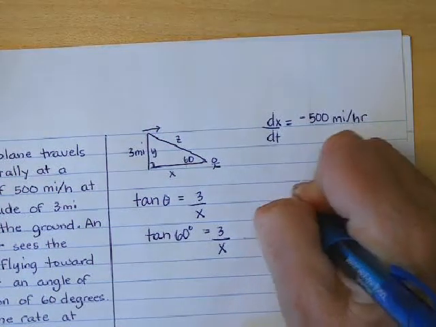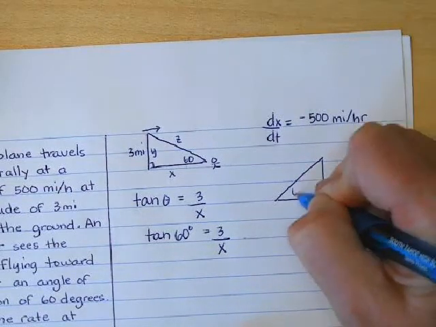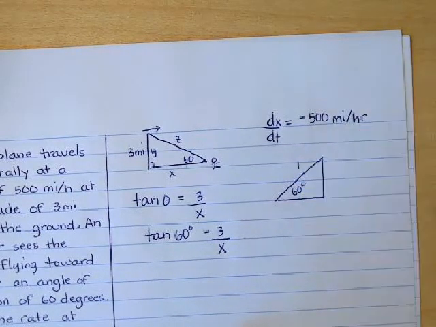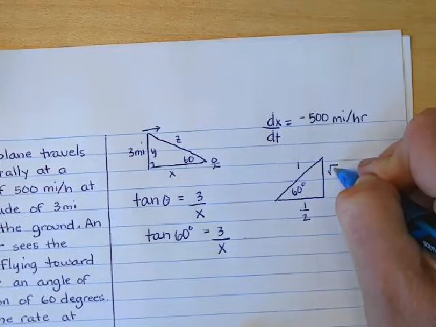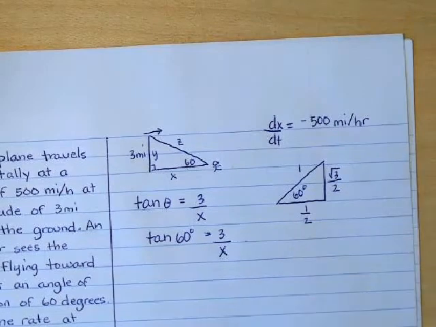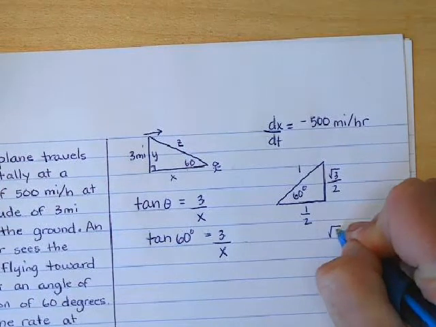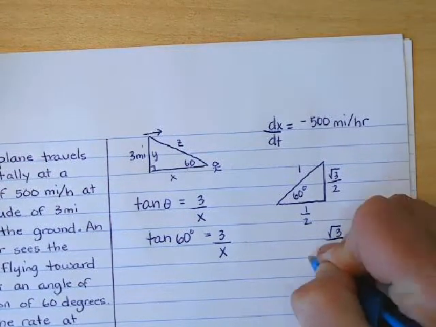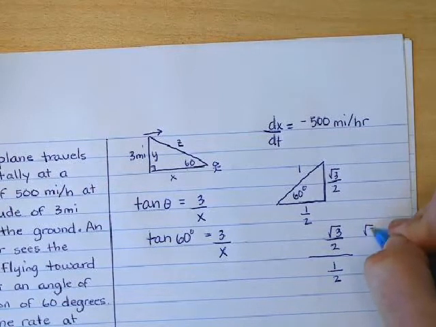Let's think about our 60-degree angle. In a unit circle, the cosine is 1/2, the sine is the square root of 3 over 2, and the tangent is opposite over adjacent, which is just a complex fraction.